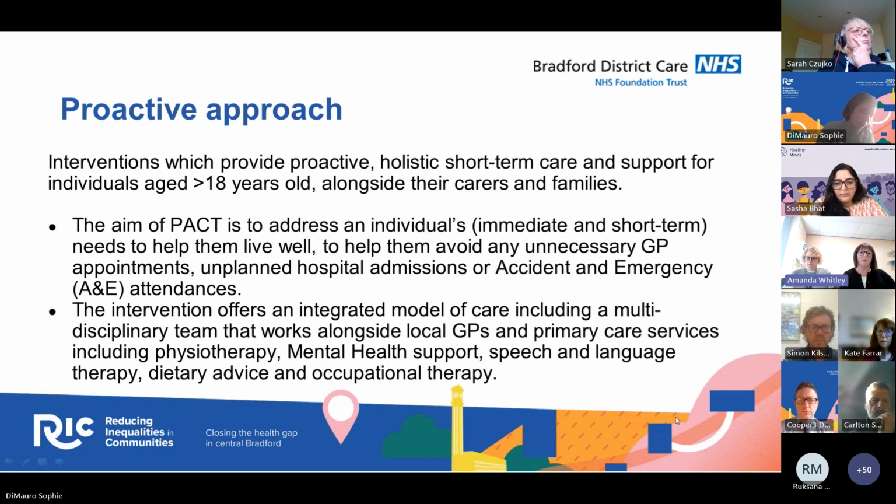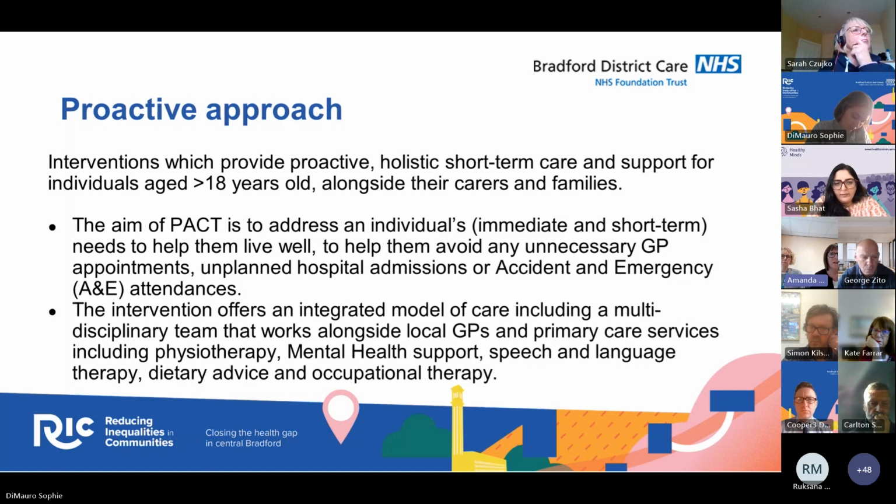So our approach. We provide holistic short-term care for over 18s, and we work with carers and families. Immediate and short-term needs, it's a wraparound service to avoid unnecessary GP appointments, unplanned hospital admissions, and signposting to the right services that are out there.